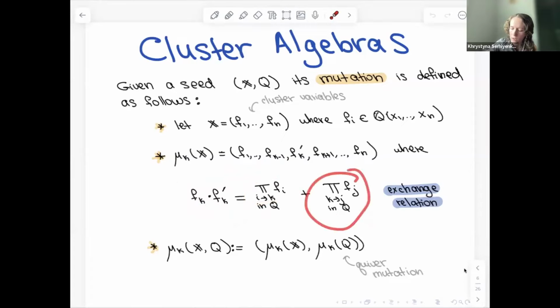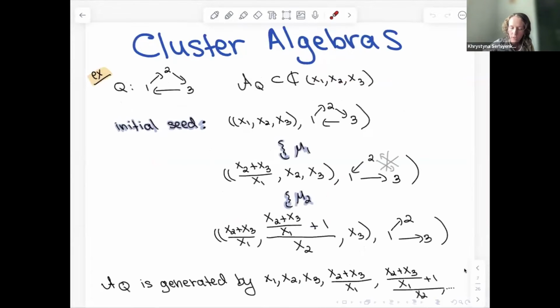And the second one is similarly the product of all the cluster variables fj, where you take one for every arrow coming out of vertex k. Okay, so this gives me a new expression. Notice from here you can actually solve for fk prime. You can divide by fk on both sides, and then you see that this gives you, again, rational functions in the variables x1 through xn.